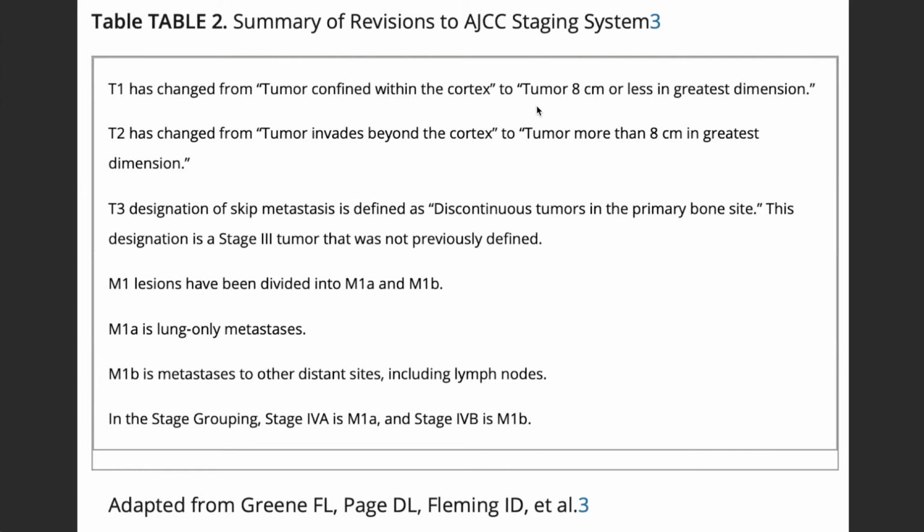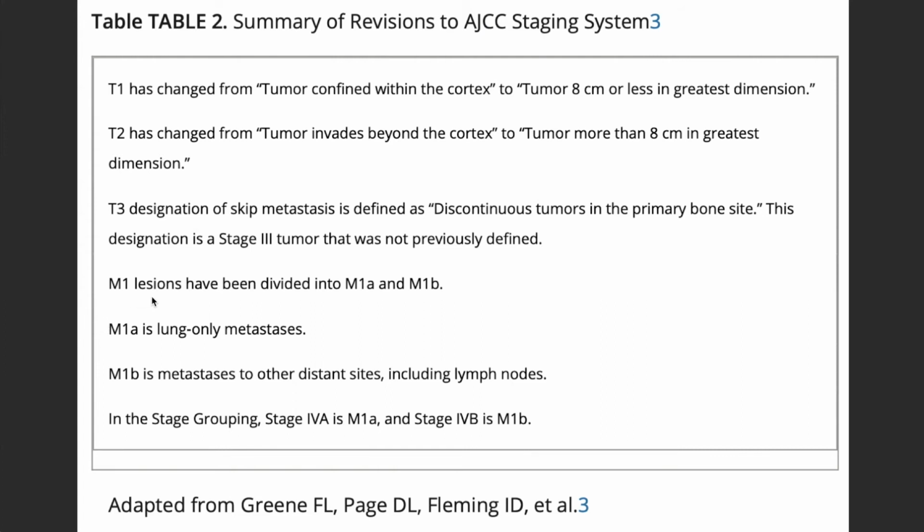The statement has been changed into tumor with size 8 cm or less in greatest dimension, while for T2 the size is more than 8 cm, and T3 is for skip metastasis, which is defined as the presence of discontinuous tumors in the primary bone site. This designation is a stage 3 tumor that was not previously defined during the initial revision.